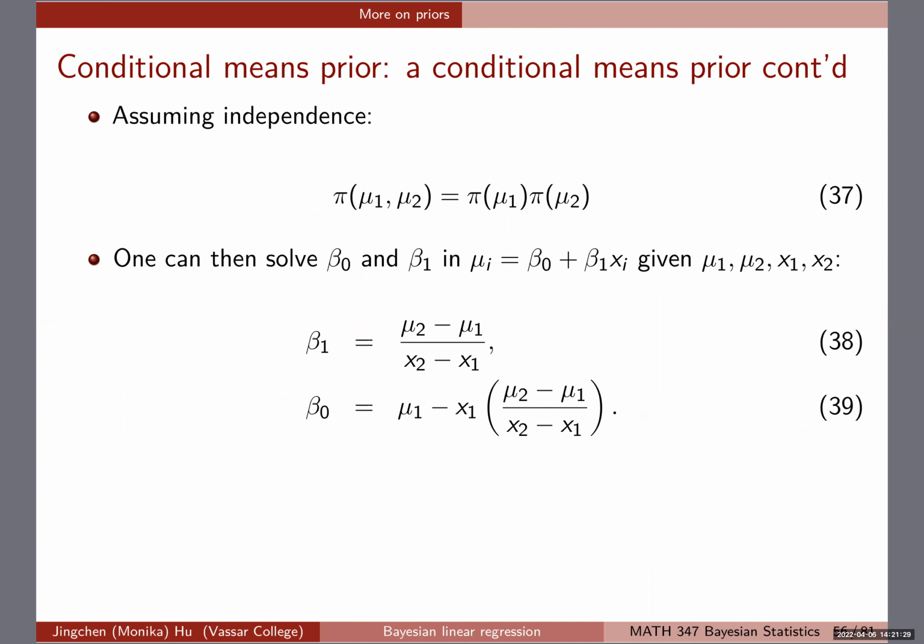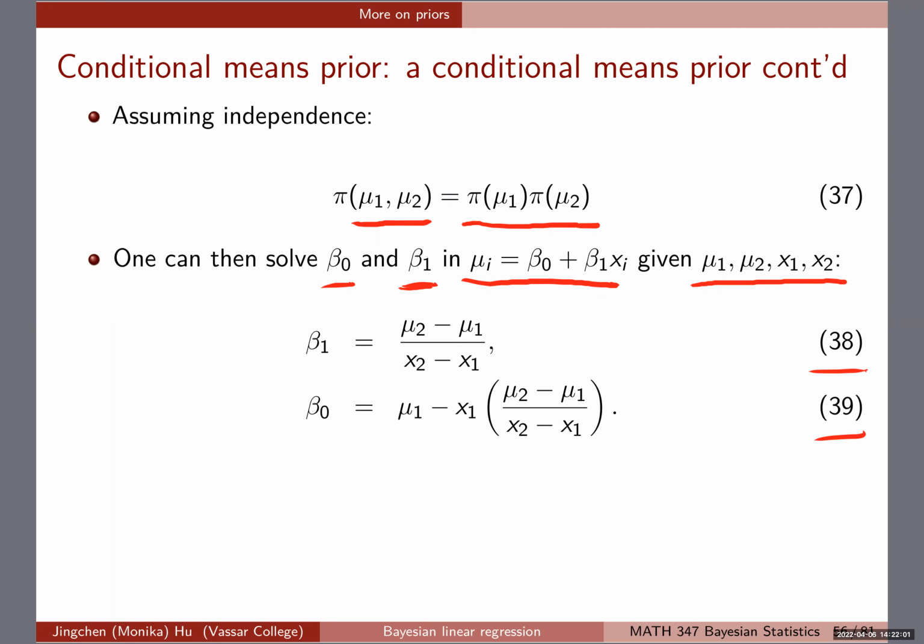But like I said, if we have mu1 and mu2, these are the two normals that I came up with earlier, and beta 0 and beta 1 are the priors that we're trying to give. If we're able to express beta 0 and beta 1 through mu i equals beta 0 plus beta 1 times xi, and I have all of my mu1, mu2, x1, x2, then I have two equations and two unknowns, beta 0 and beta 1, so I can solve it.